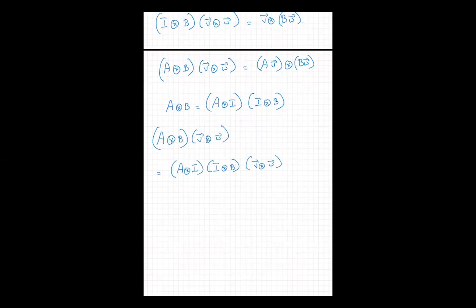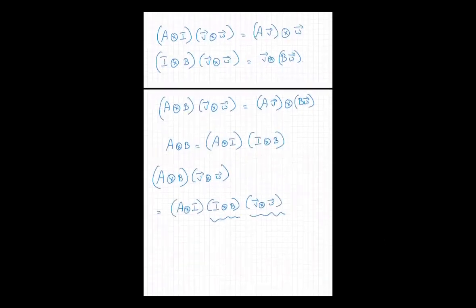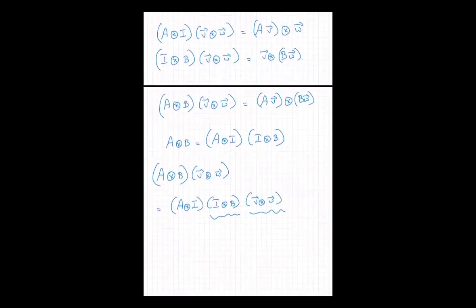So again, the order is important. So first, let me take the matrix I cross B and act it on the vector V cross W. But we already know what the answer is. The matrix I cross B acting on the vector V cross W is the exact same thing as the vector V direct product BW. So this is equal to A cross I times the vector V direct product BW, right?